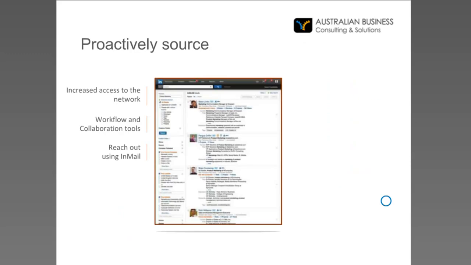Our flagship service is called Recruiter, and that allows you to view all of the profiles on LinkedIn.com, so all 347 million members globally. There are actually some good tips that you can take from your free LinkedIn.com access, but essentially it allows you to have increased access to the network and also reach out using InMails, which is that kind of tap on the shoulder electronically where you start the communication with people.